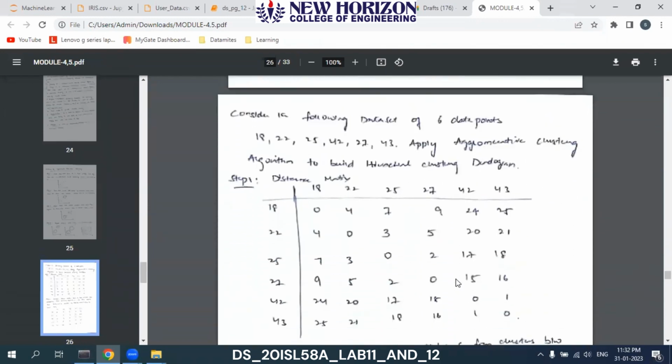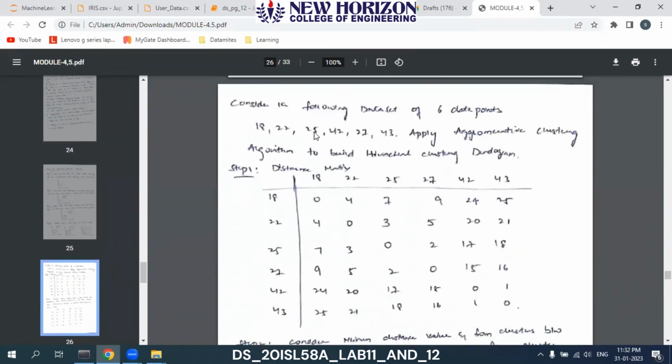For example, consider this is our data: 18, 22, 25, 42, 27, 43. This is how usually the algorithm works. We construct a distance matrix for each and every point. For example, 18 to 18, the distance is 0. The distance calculation is the Euclidean distance itself. 18 to 22, the value is 4, 18 to 25, 7, and so on.